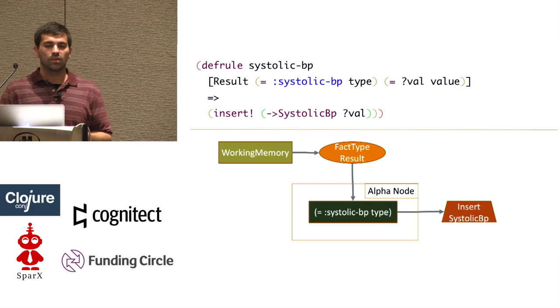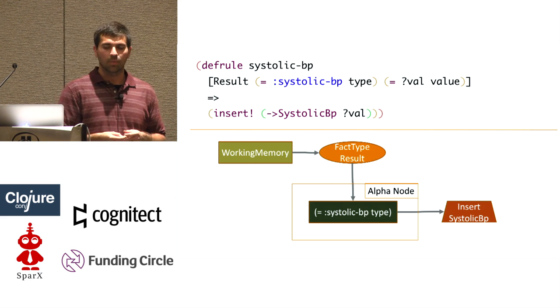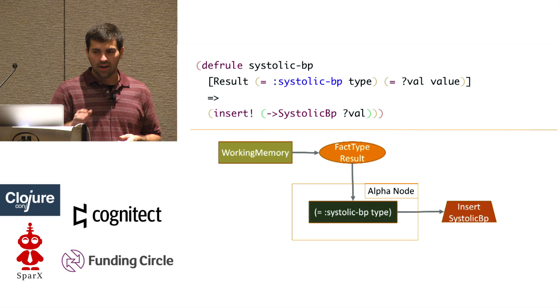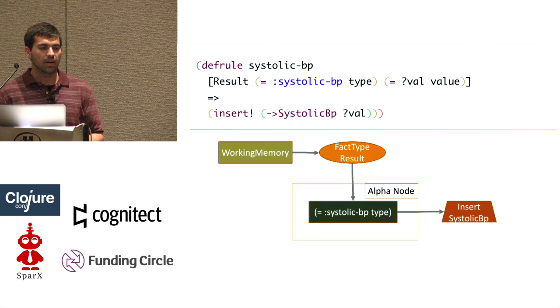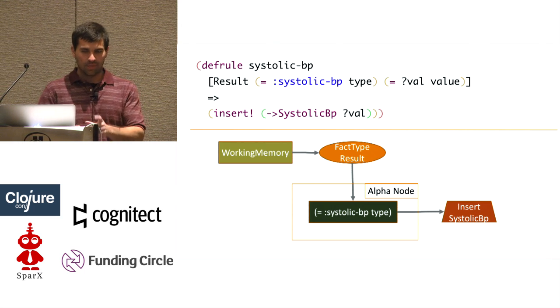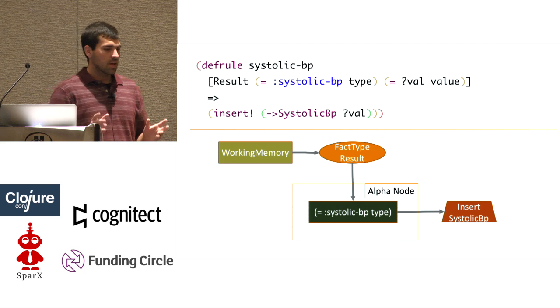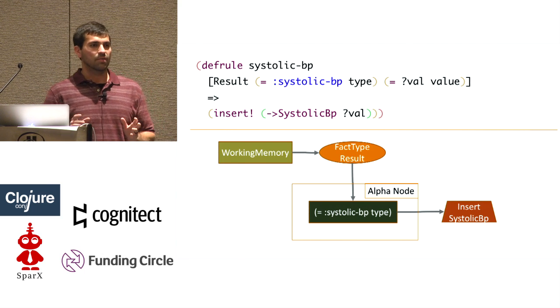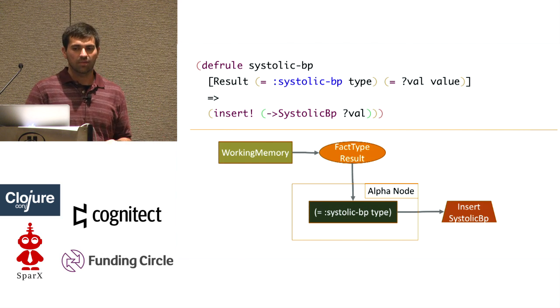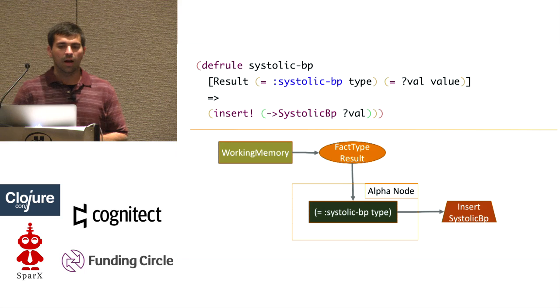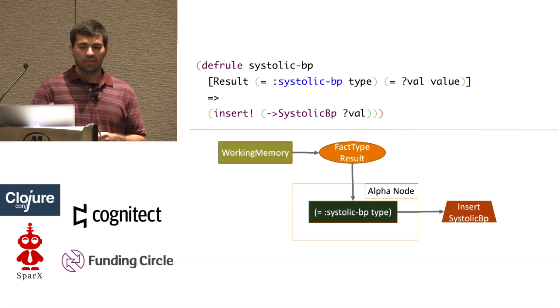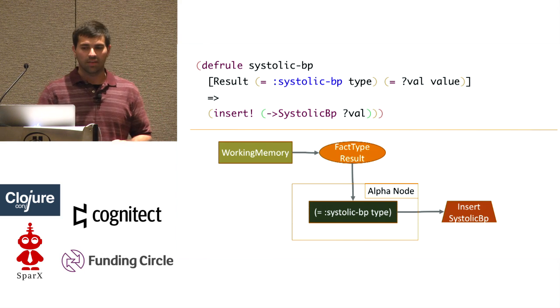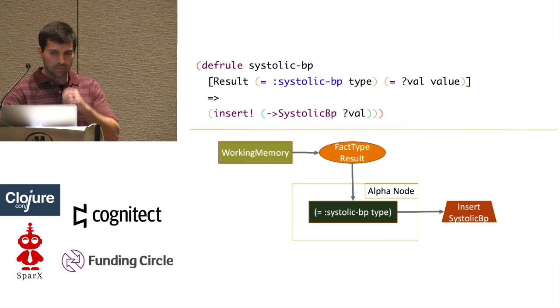Then there's an alpha node to do that test of, is your type systolic blood pressure? When that's satisfied, it propagates it to its child nodes. Here, I'm using these red trapezoids to mean terminal nodes, which really just represent that the rule is fully activated. It's satisfied. It's eligible to be fired. I just labeled it with the action that it would take in the right-hand side when we fire it.